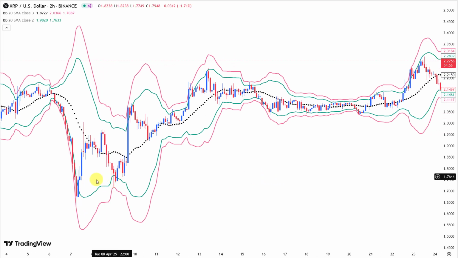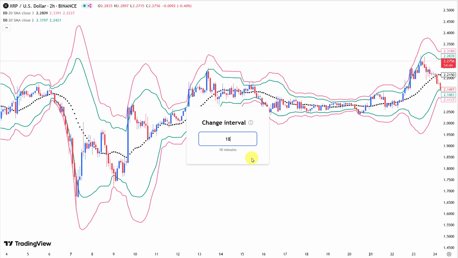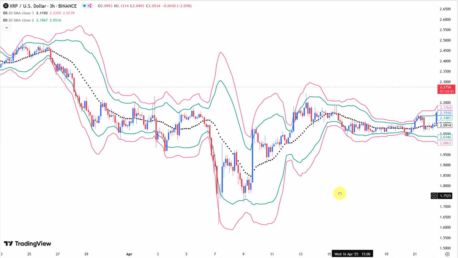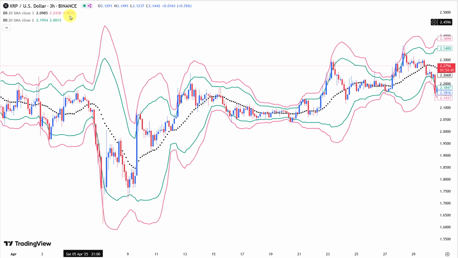So this is an indication to me that this downward momentum is reversing to the upside. Let's look at a 180 or a 3-hour. You can see that this, I call this a test, when it just comes and tests it and then takes off. This is pointing upward on a 3-hour.